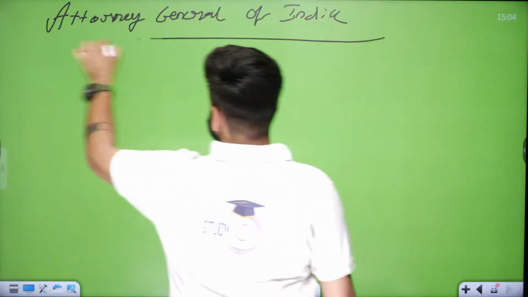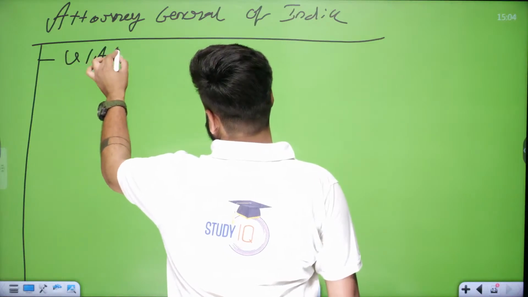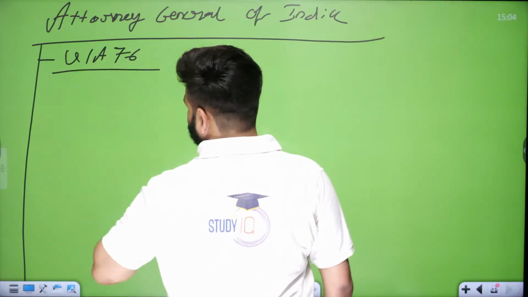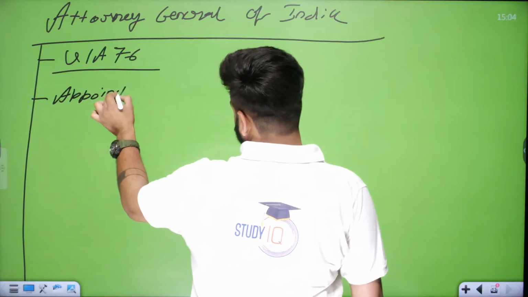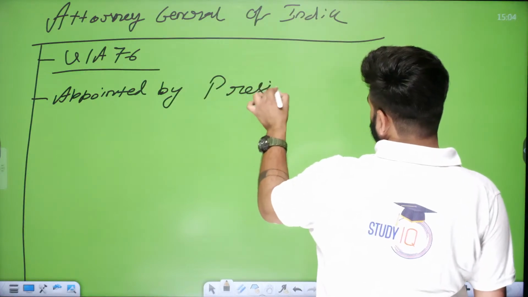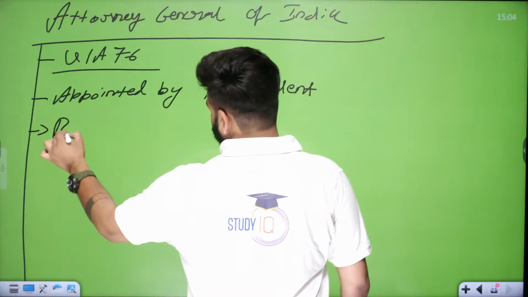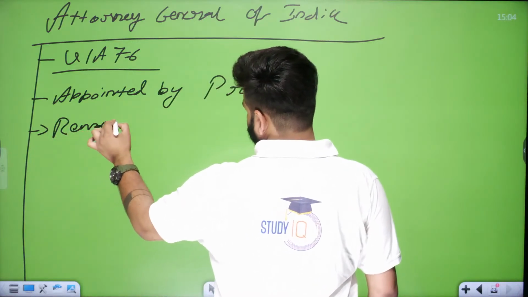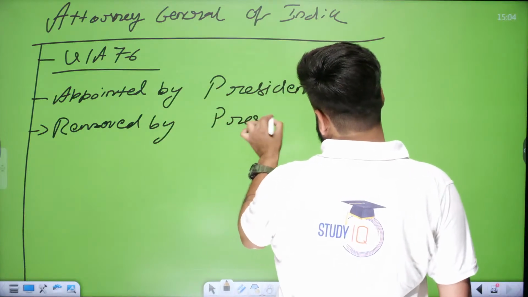Attorney General of India: mentioned where? Under Article 76. Appointed by whom? The President. Removed by whom? The President.